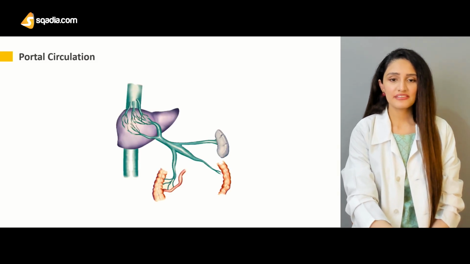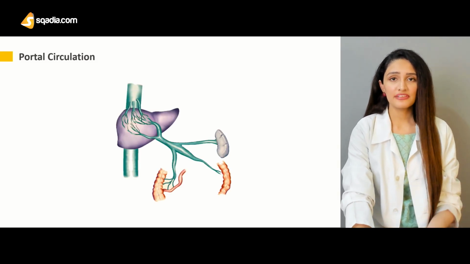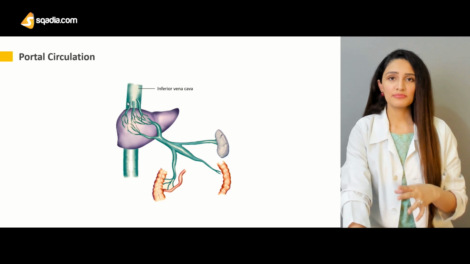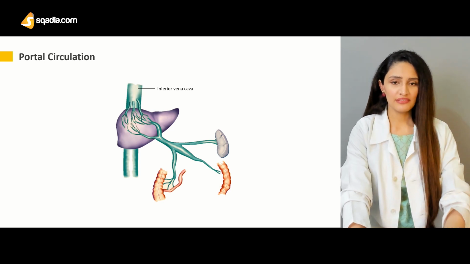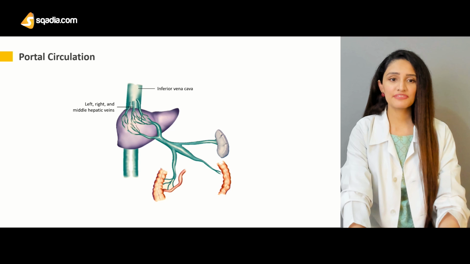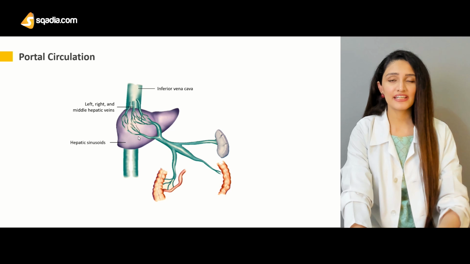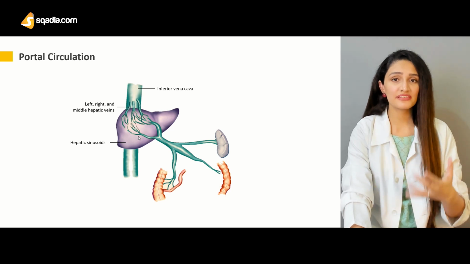So this is a diagram of the liver and the system. First of all, we've got the inferior vena cava, which drains most of the blood from the lower part of the body. Then we've got our left hepatic vein, the middle hepatic vein, and the right hepatic vein. We've got the hepatic sinusoids that are present within the liver.